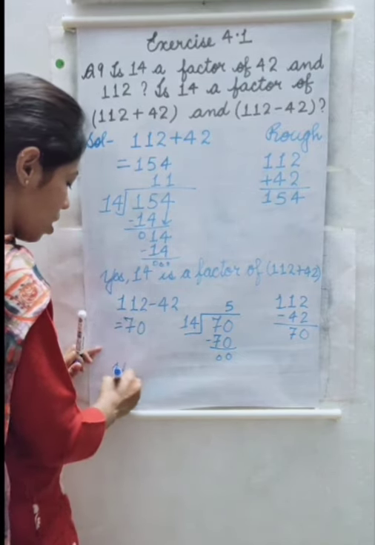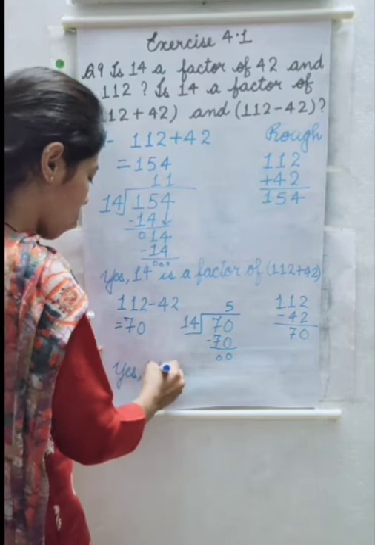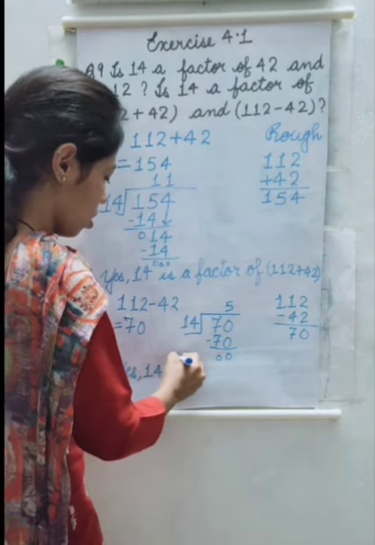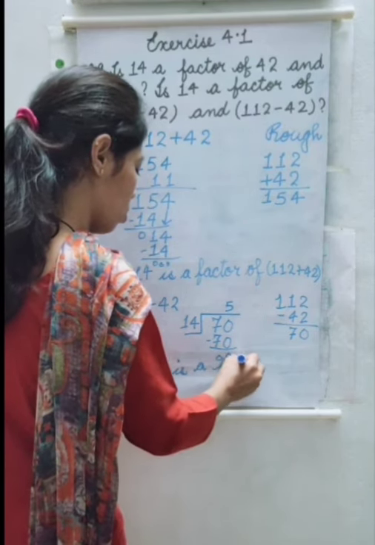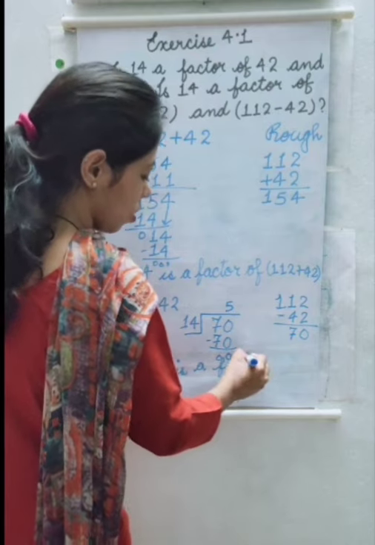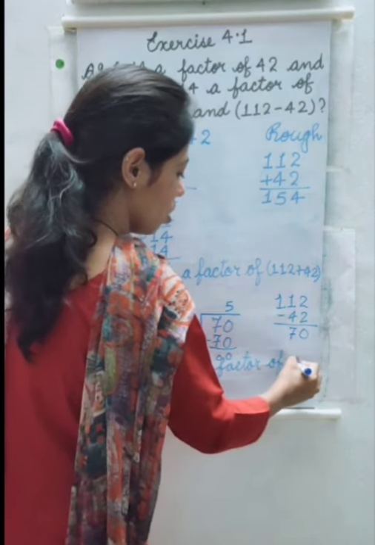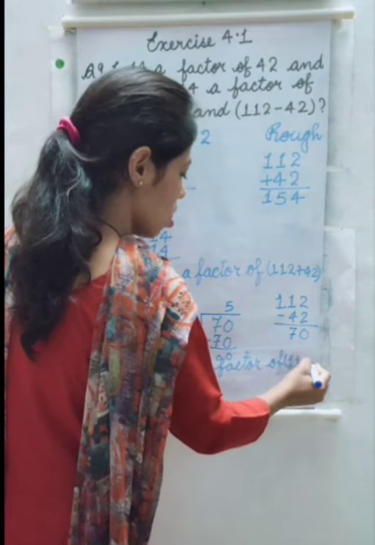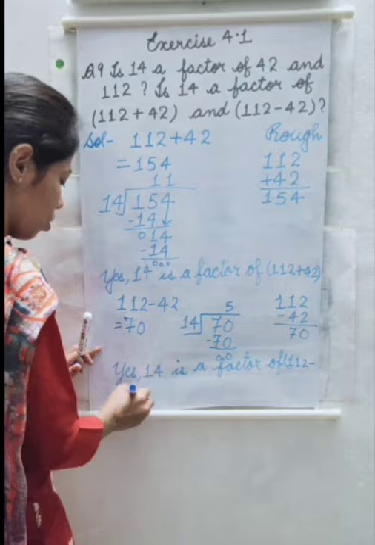So here we will write yes, 14 is a factor of 112 minus 42.